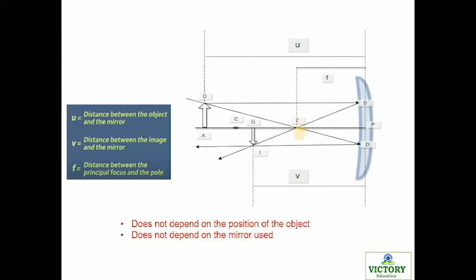And remember, this mirror equation does not depend on the position of the object. If you have the object placed here or here or here, the mirror equation is not going to change, and it also doesn't change with the mirror used. Whether it's a convex mirror or a concave mirror, your mirror equation is not going to change.